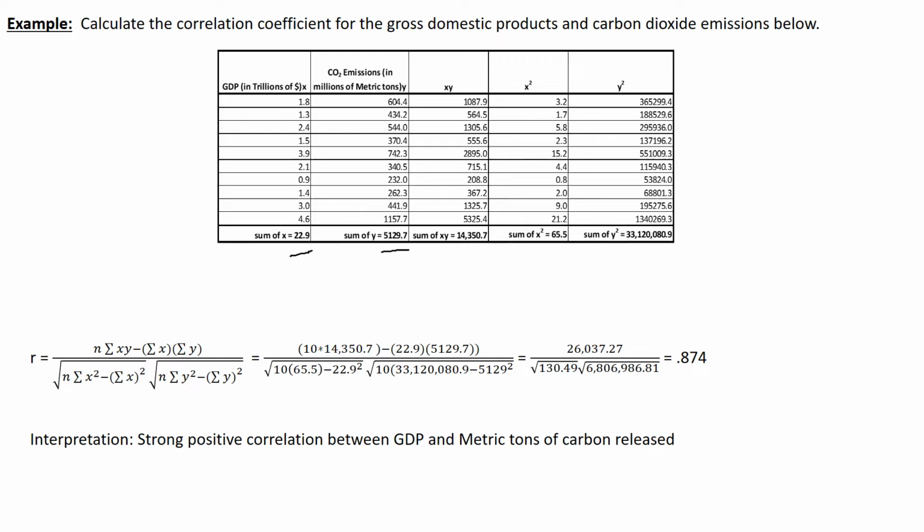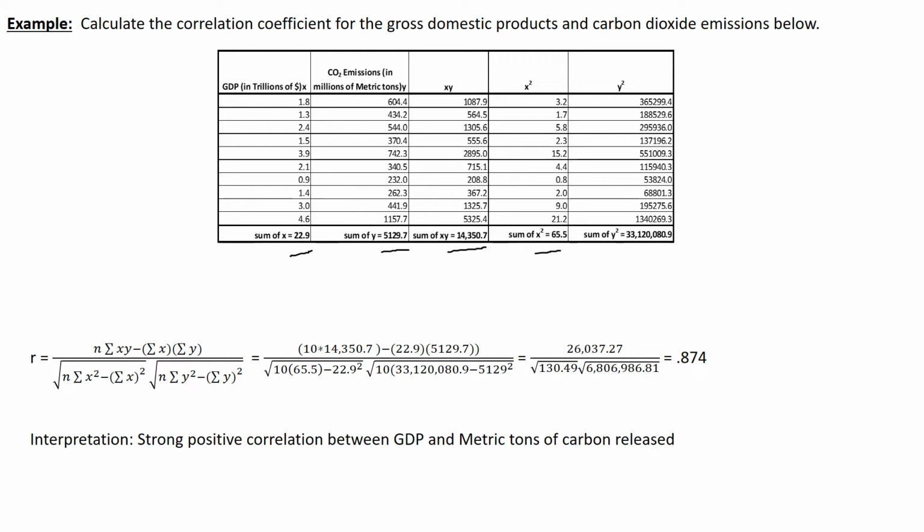I multiply my x times my y: 1.8 times 604.4 is 1087.9. Then I sum those up. Then my x squared, let's say 1.8 squared at the very top here, is 3.2, and I summed all those individual squares up and I got 65.5.